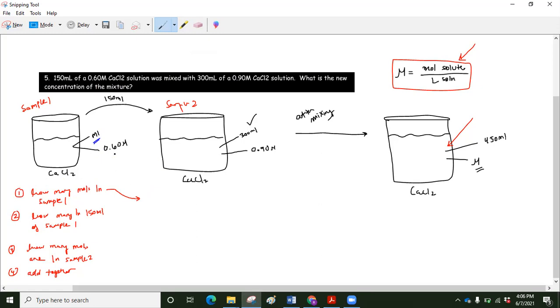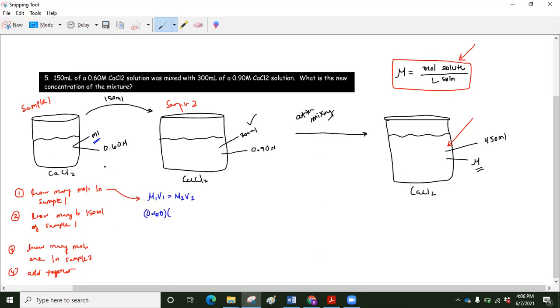So the volume, in this case, we can infer from sample two. We could say that M1V1 equals M2V2. We know that M1 in this case is the molarity of sample one, which is 0.60.